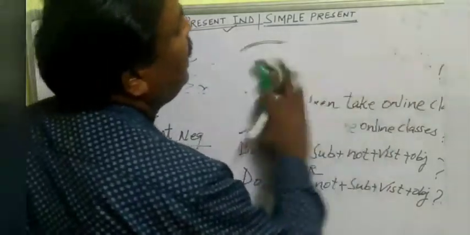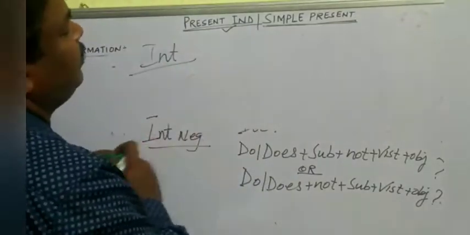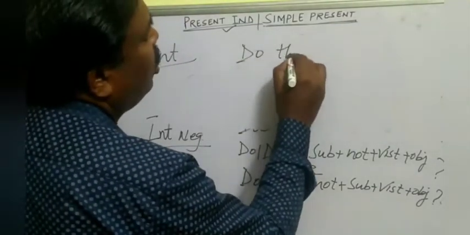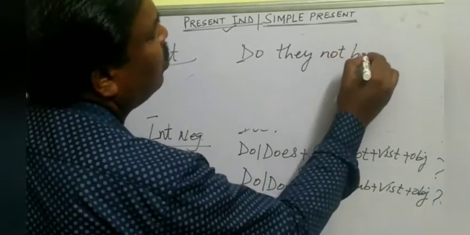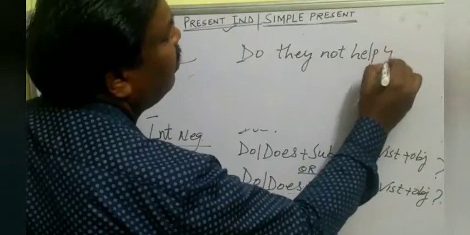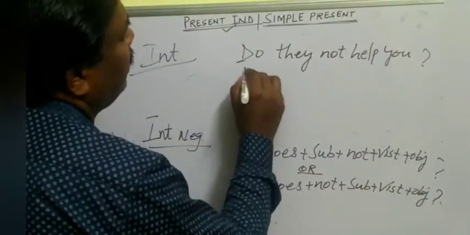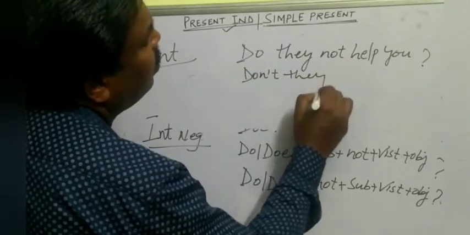In interrogative negative, the examples will be like this. Do they not help you? Do they not help you? Or we can write, don't they help you?